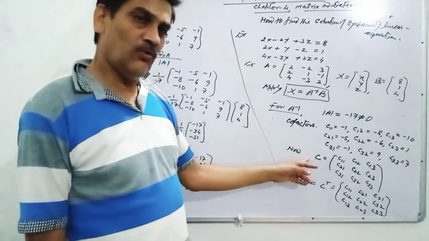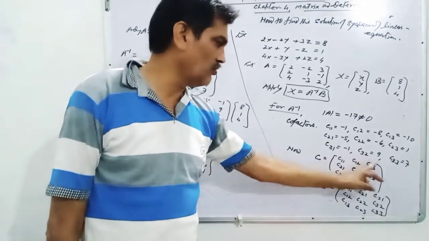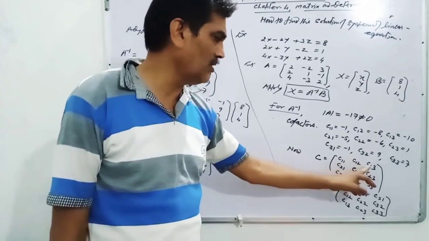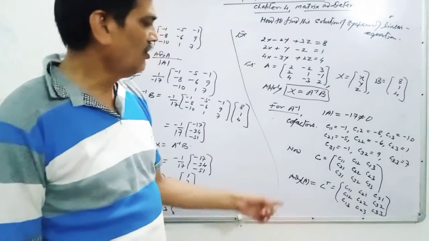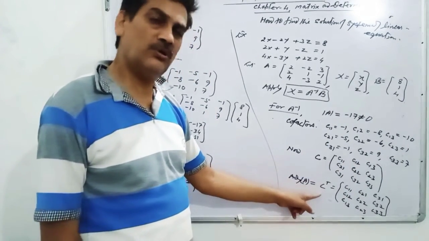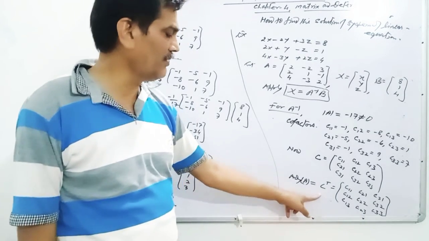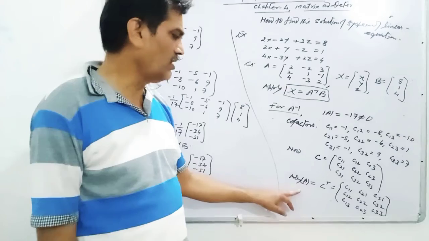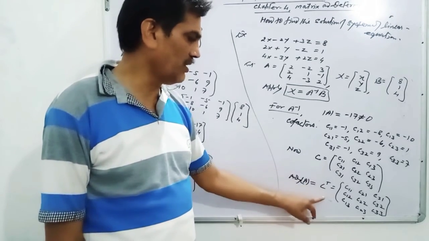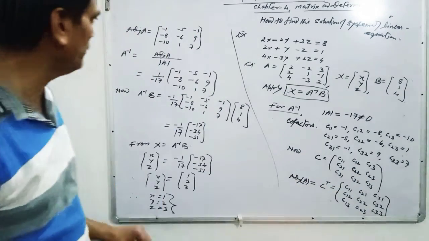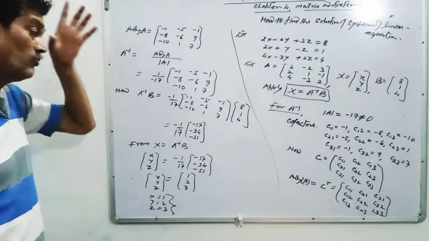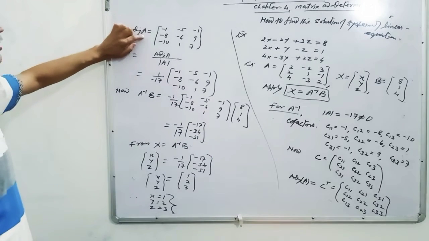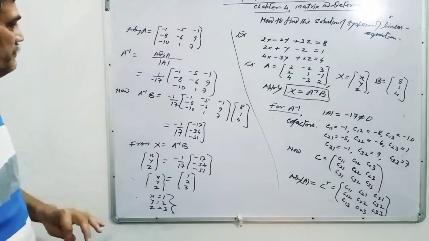Now form the cofactor matrix. This is the cofactor matrix C11, C12, C13, and find its transpose. The transpose of the cofactor matrix is the adjoint of A. You know, adjoint of A means the transpose of the cofactor matrix. Now putting in the values of the cofactors, adjoint A is this.